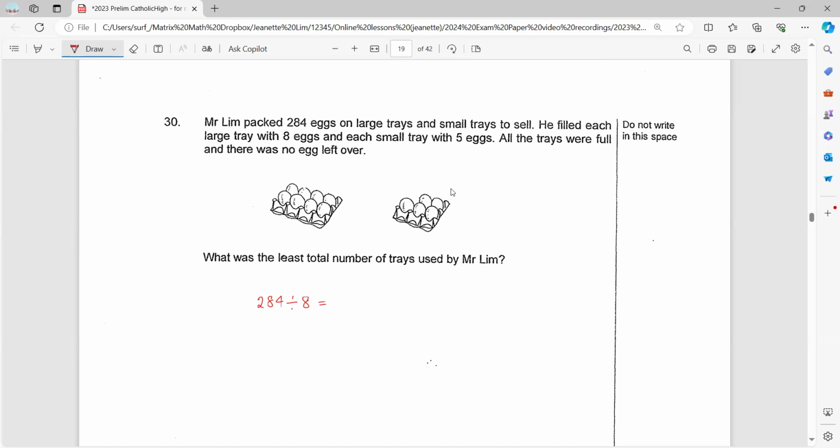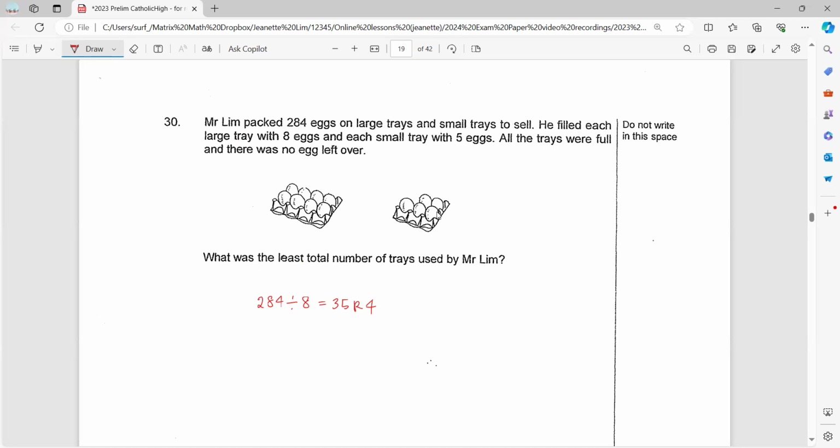If you do your long division, you'll get 35, remainder 4. Now this remainder is important because whatever is in the remainder that is not on the large trays will go onto the small tray. However, remember there's no leftover. It has to fit nicely. If you have a remainder of 4, it's not going to fit nicely onto a small tray.